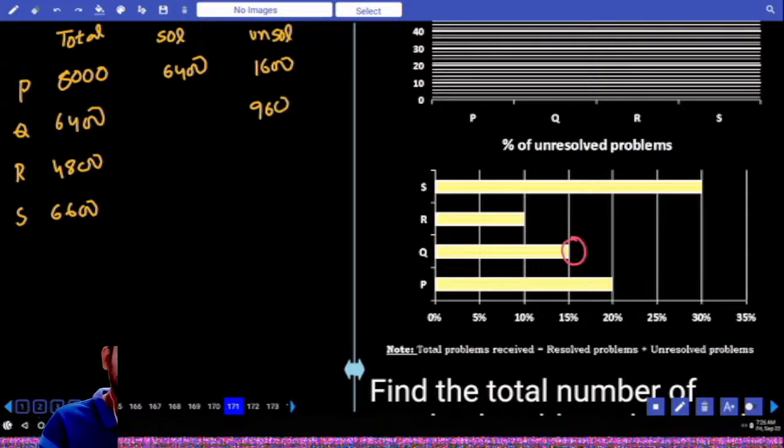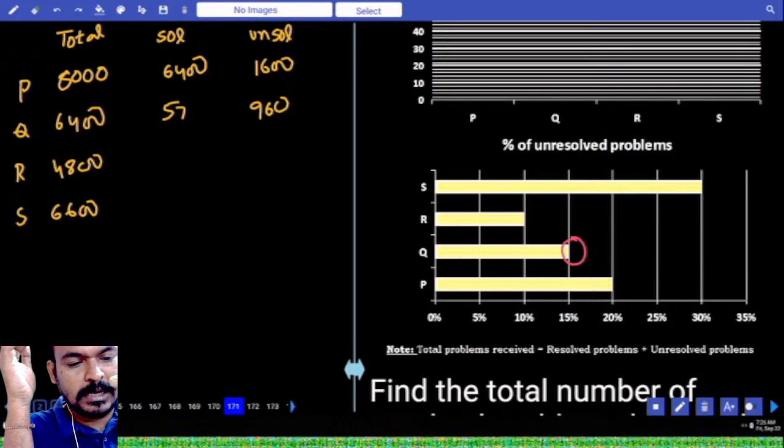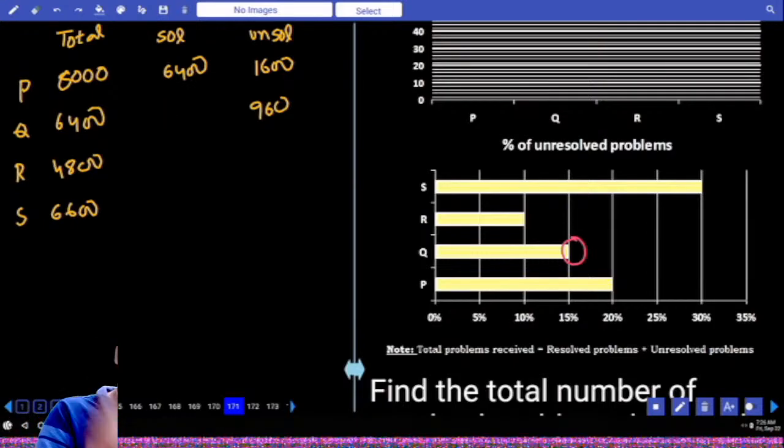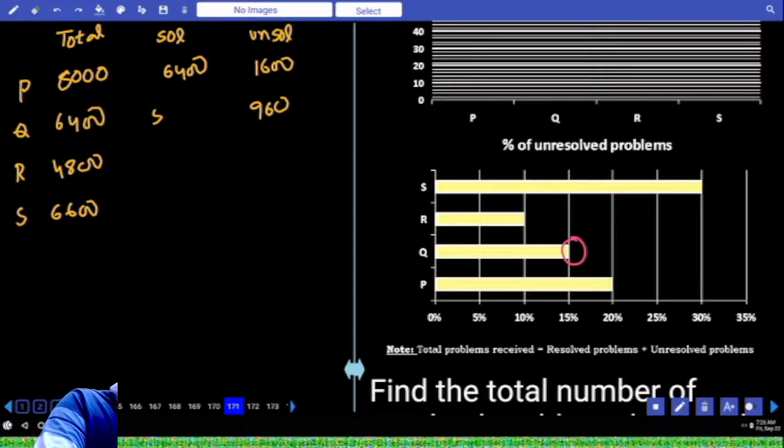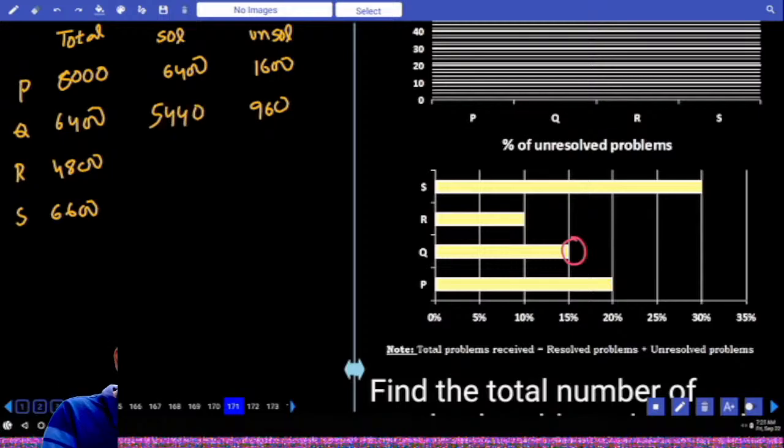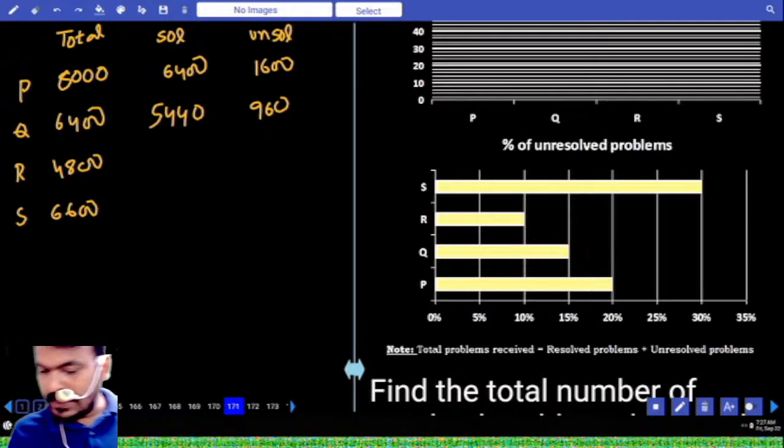What are the remaining? 6,400 minus 960, 5,440.